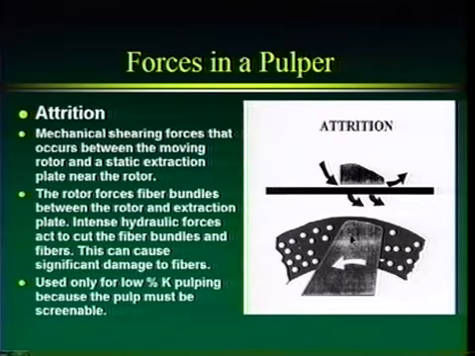So you can see that for high consistency, the high consistency pulp would remain between the rotor and the bottom of the pulper, and it would plug the holes, and you'd have to cease operations. So attrition is something used in low consistency pulping. It can be somewhat damaging to fibers, but it's a pretty intense action that breaks up fiber bundles and other contaminants.